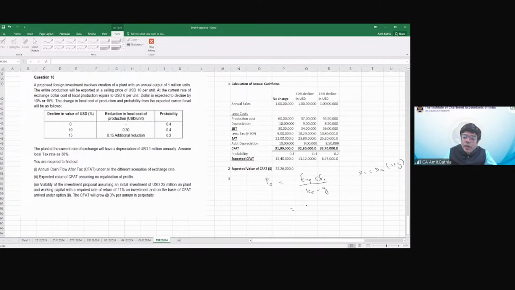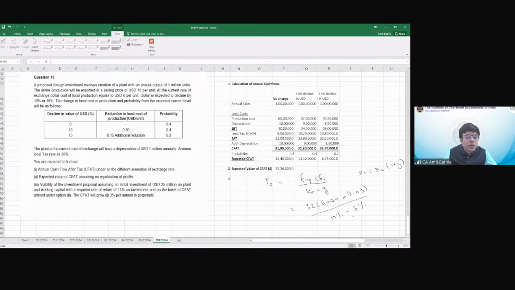So आपको ऑलरेडी मालूम है my cash flow is 32,26,000 जो मैंने कंप्यूट किया है. This will grow at 3% growth rate, right? Yes, sir. Into 1 plus G कर दिया ना. अपॉन KE क्या है यहाँ पे? KE 11%. दिया है 11%, right? Minus 3%.